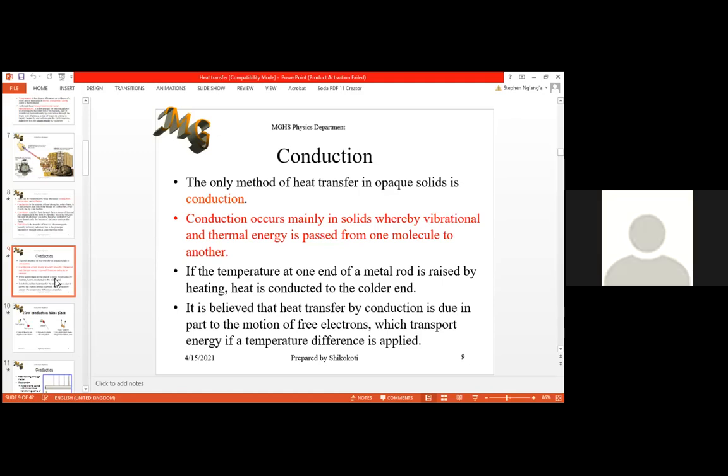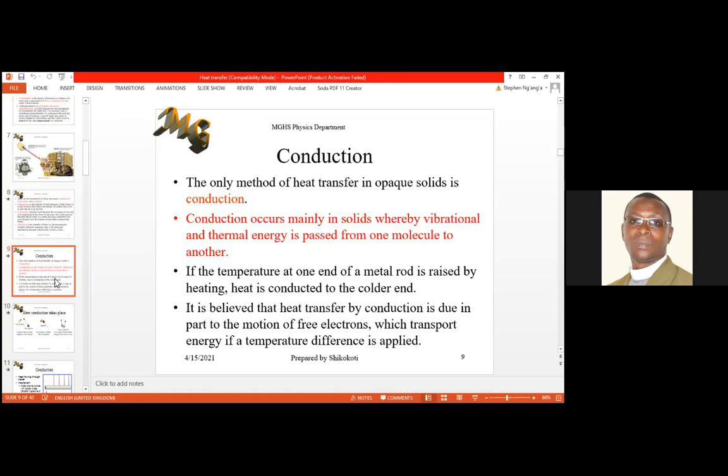So when you heat, the particles vibrate, and in the process of vibrating, they knock against each other. This way heat is transferred from one particle to another until the heat reaches the other end.